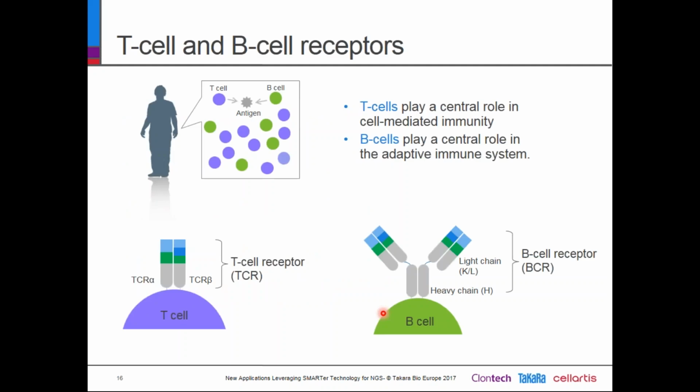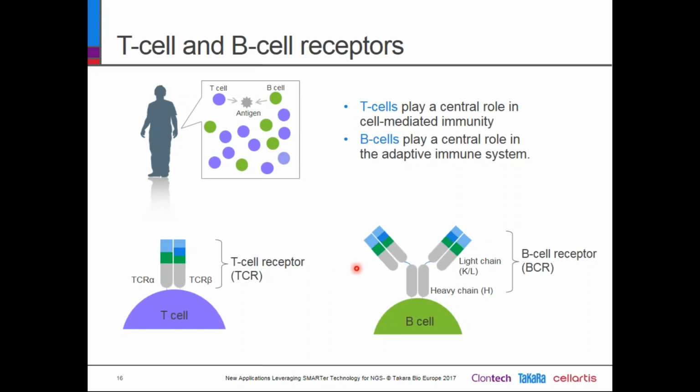So before that, let's define what TCR and BCR are. These are receptors that are found on the surface of T cells and B cells. As you probably know, T cells have a central role in cell-mediated immunity, while B cells have a central role in the adaptive immune system by secreting antibodies.